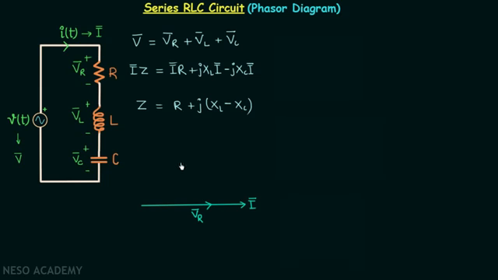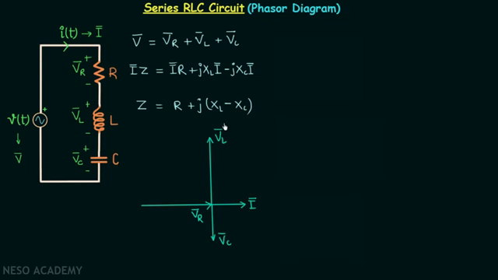Now moving on to VL phasor, it is the voltage across the inductor, and therefore it will lead the current by 90 degrees. And VC phasor is the voltage across the capacitor, and therefore it will lag the current by 90 degrees.